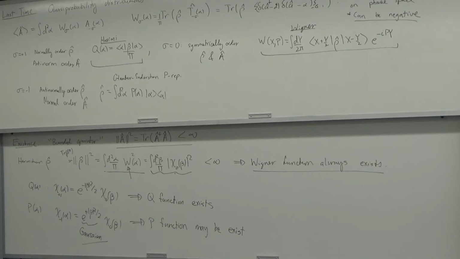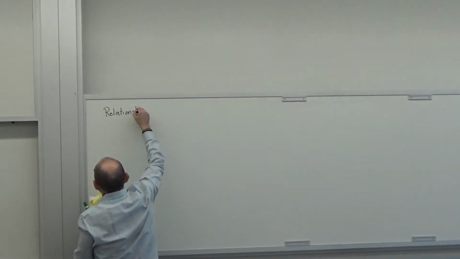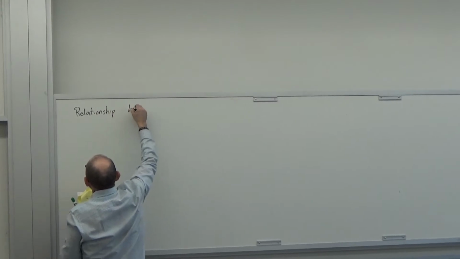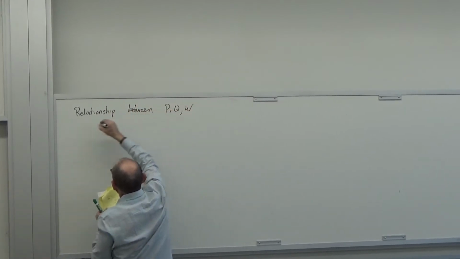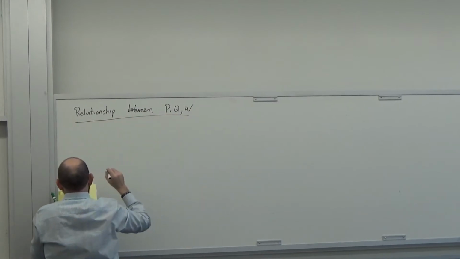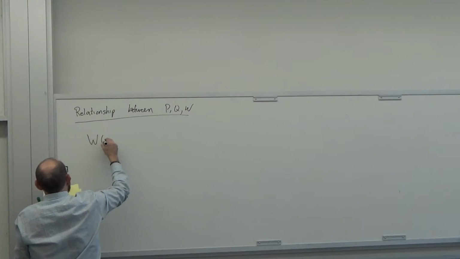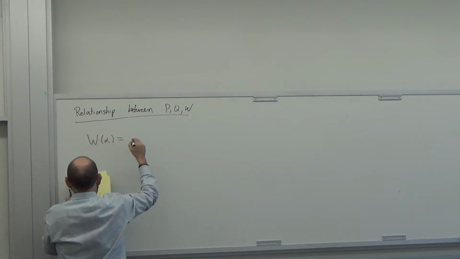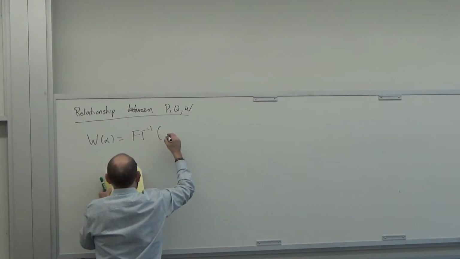So, for example, let's look at the relationships between these guys. The Wigner function is the inverse Fourier transform of the characteristic function.